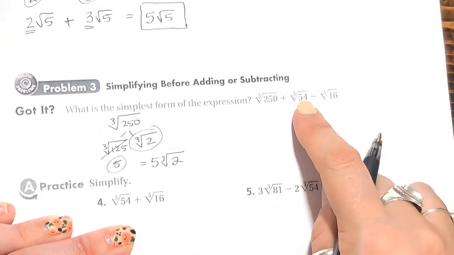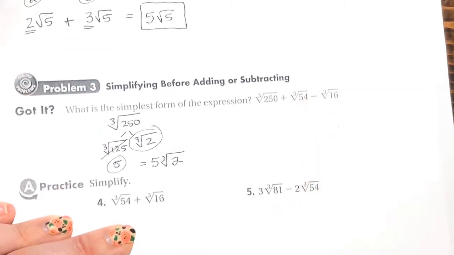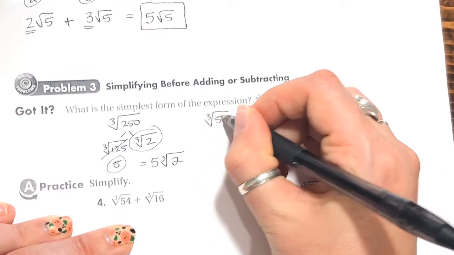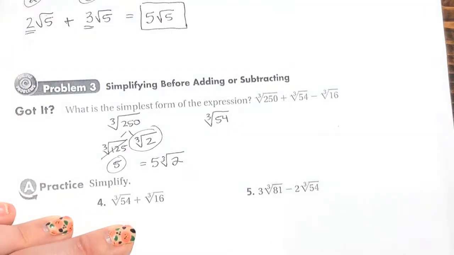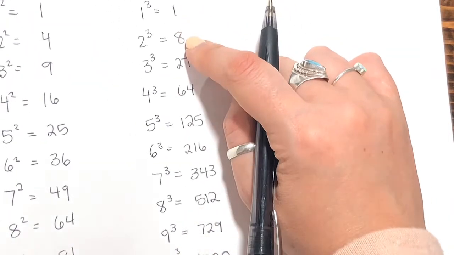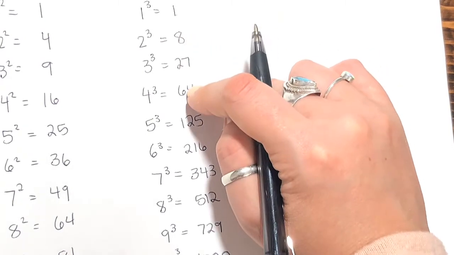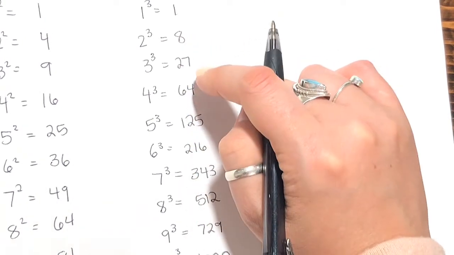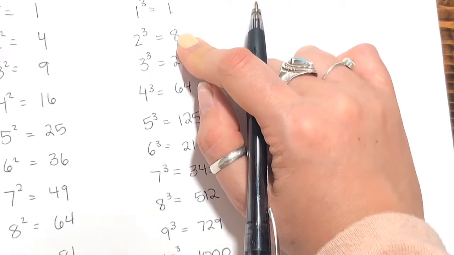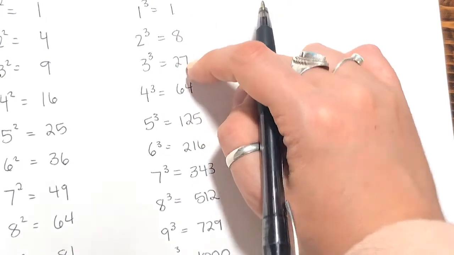Now let's look at our 54. Again, we aren't thinking in squares here anymore. We want to think in cubes. So I want to find a number that's a perfect cube that goes into 54. You have 1, 8, 27, and then anything past that is going to be too big. 1's not going to help because it's just a 1. 8 does not go into 54, but 27 does.